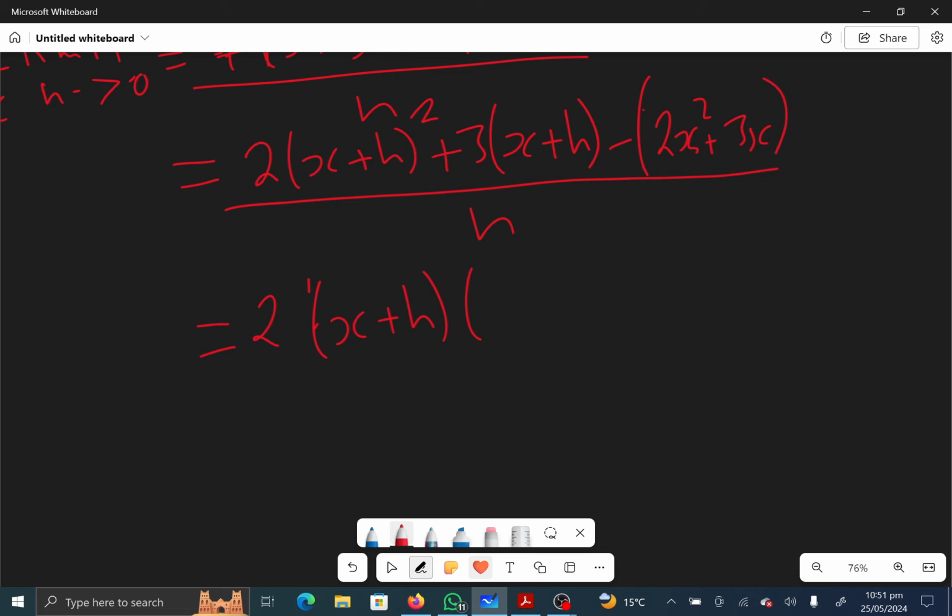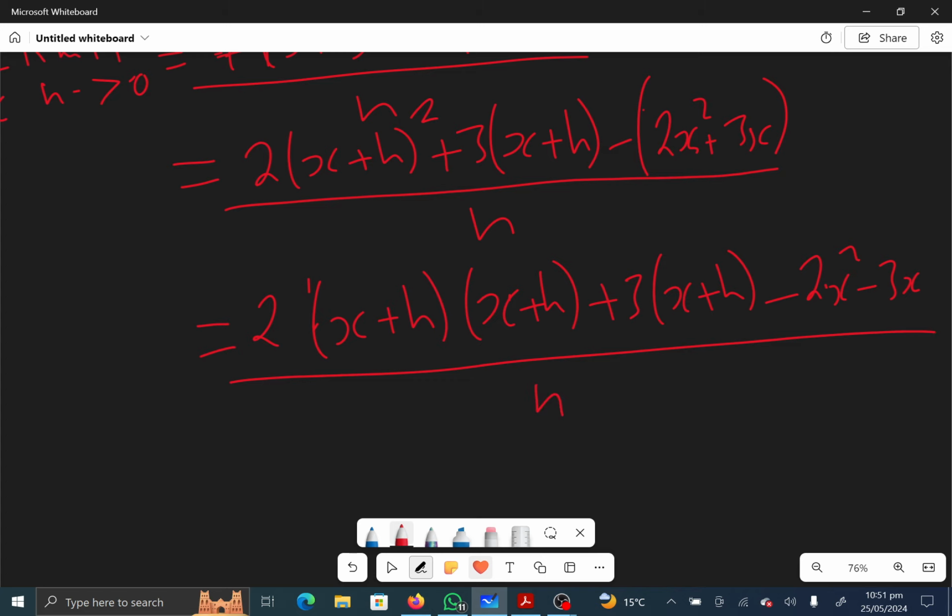Then we expand this because of the squared, so we are going to expand what is in the bracket, then plus 3x plus h. Then we subtract, so the minus is multiplying everything which is in the bracket, so negative multiplied by 2x, so it will be 2x squared minus 3x over h.